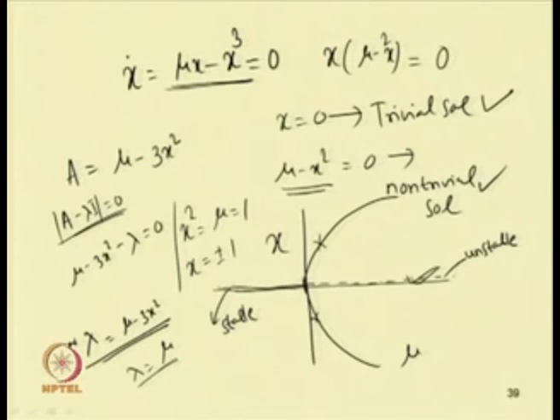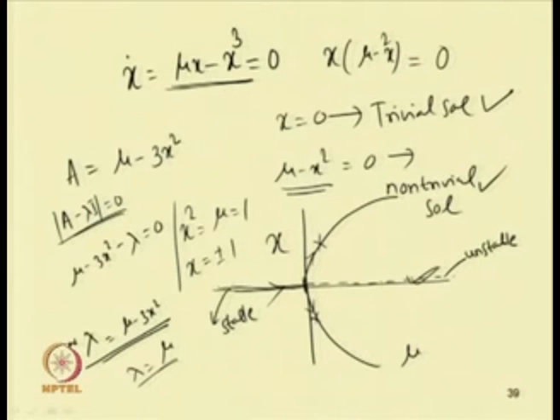If we increase this mu value from this side and proceed, we will have a solution along this line and then it may proceed this way or this way, so it will have a stable solution. As the trivial branch is unstable, the system will follow the stable branch.